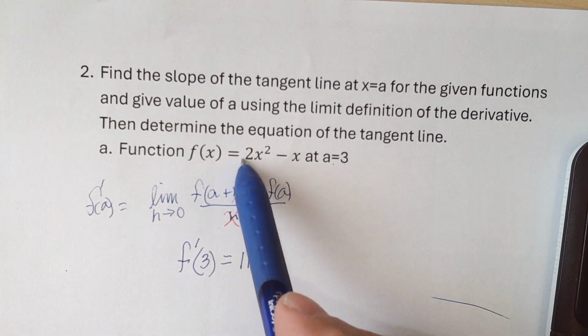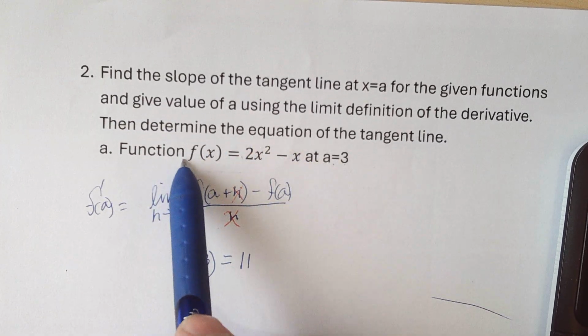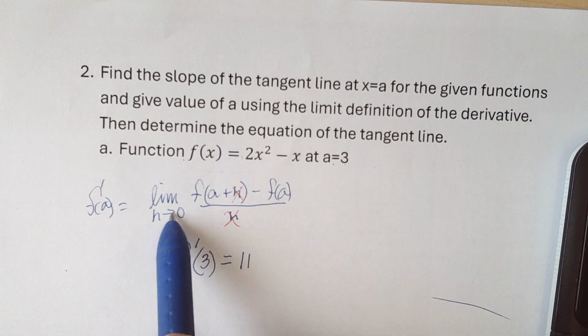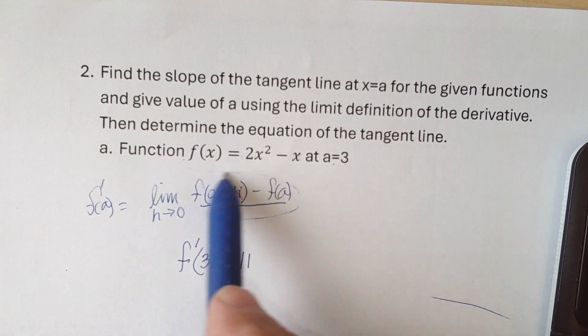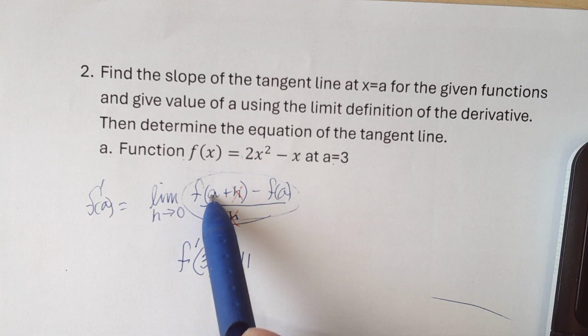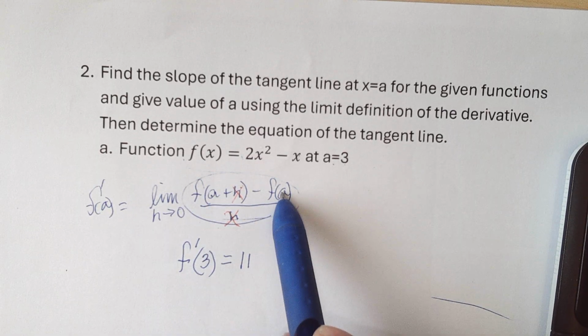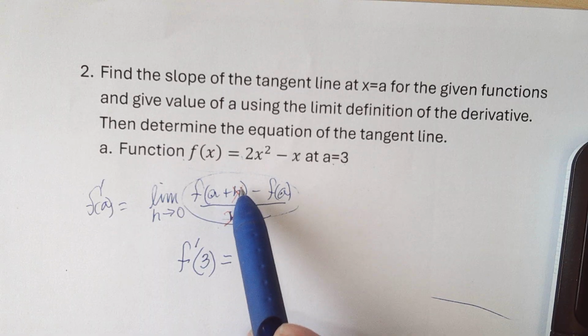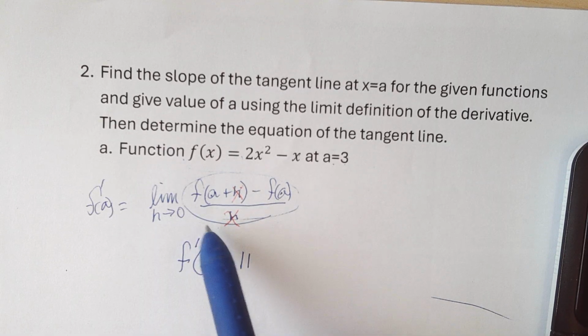Again, I could have typed this in as f of x into Desmos, then type this in Desmos with a 3 there and a 3 there, and h or x here, like I did here.